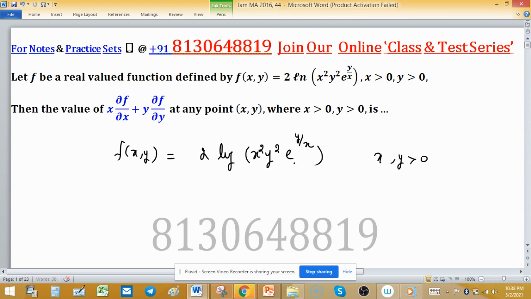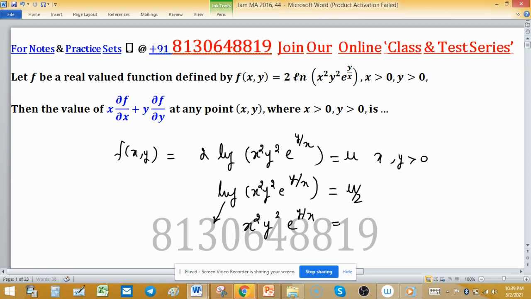Now write this function, as f is given, in terms of another function called u. Then we can write log of x square y square e raised to the power y upon x equals u upon 2. Now to remove the log or logarithm here, you can take x square y square e raised to the power y upon x equal to e raised to the power u upon 2.